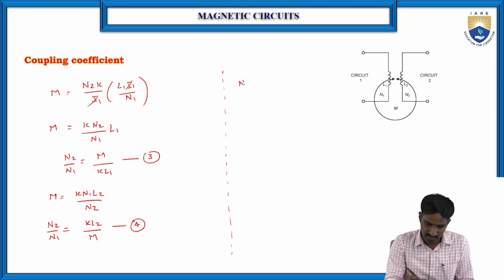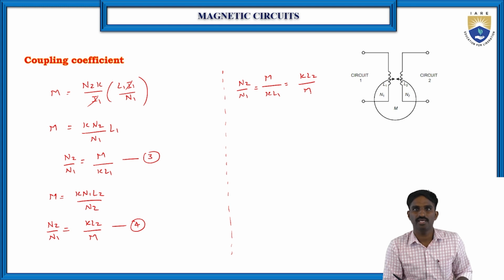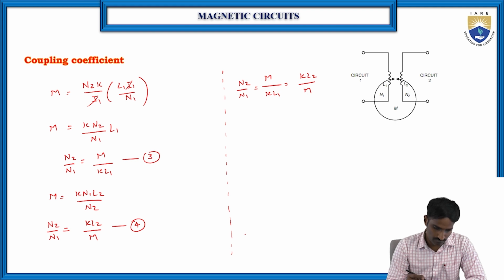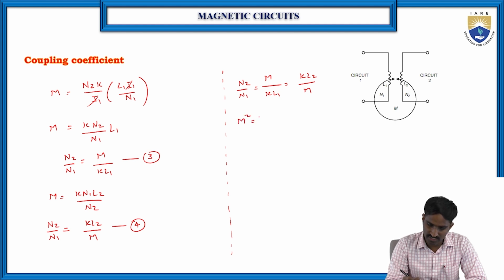So N2 by N1 from the first equation is M by K into L1, and from the fourth equation it is K L2 by M. If you cross multiply this, then M square is equal to K square into L1 L2.